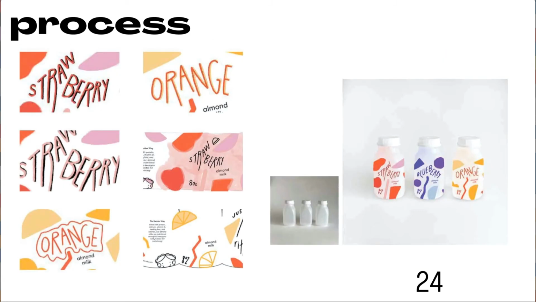Expanding this out to some of the other flavors as well, because this is flavored almond milk. This isn't just run of the mill almond milk that tastes like almonds. Really showing off, if you're going to have a system with multiple flavors in it, how do the colors work? How does this system carry over and look consistent even when it's being expressive and more tailored towards what's in each of the milks.